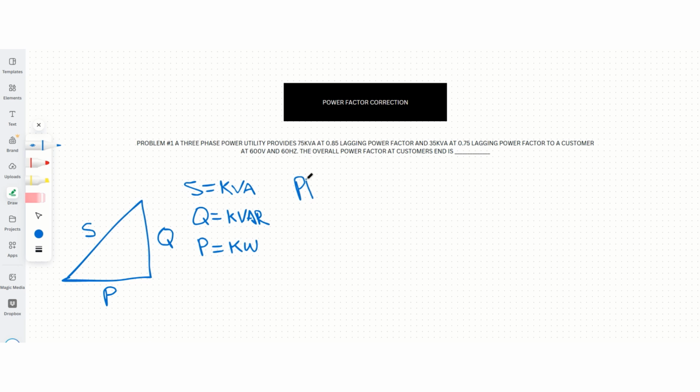We also have to know the formulas. Power factor equals cosine of theta, or power factor equals kilowatts over kVA.